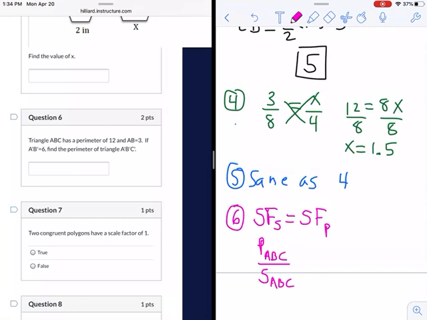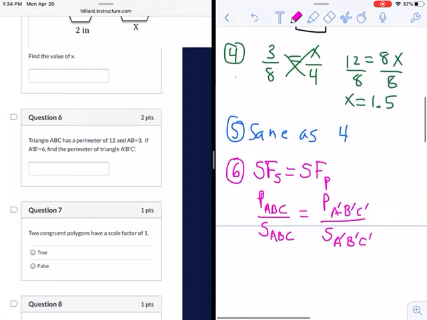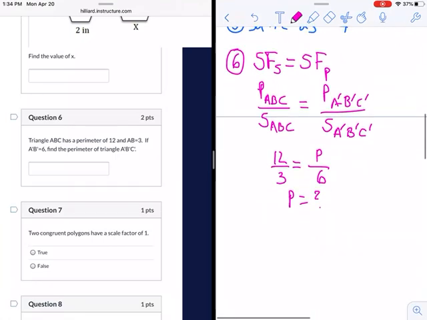We're going to compare that to perimeter of A prime, B prime, C prime over the sides of A prime, B prime, C prime. So really, you just set up that proportion, all right? So I can say 12 over 3 equals, well, we don't know the perimeter of this one, A prime, B prime, C prime, but we know it has a side length of 6. Set this up, cross multiply, solve, P will equal some number. Again, I think I'm hooking you guys up a lot. I'm not going to do every single answer.